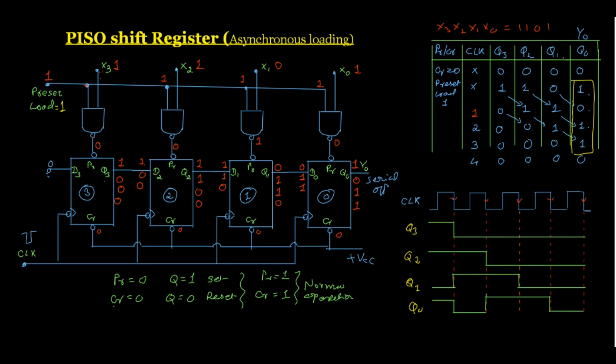So initially, before the first negative edge comes, whatever we have loaded, Q3 is 1, Q2 is 1, 0 and 1. So this is 1, this one is 1, 0 and the Q0 is 1.